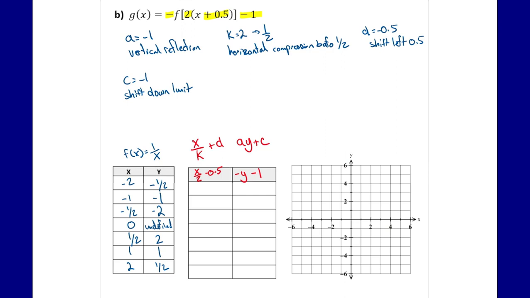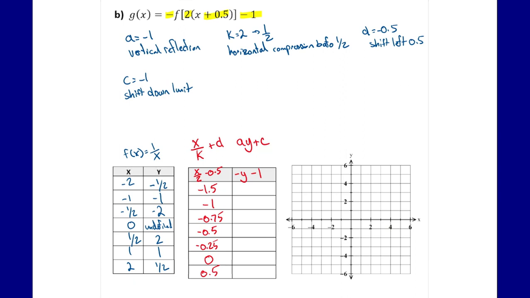So -2 divided by 2 is -1, minus 0.5 is -1.5. We just continue that down with each previous x value. We end up with -1, -0.75, -0.5, -0.25, 0, and 0.5.